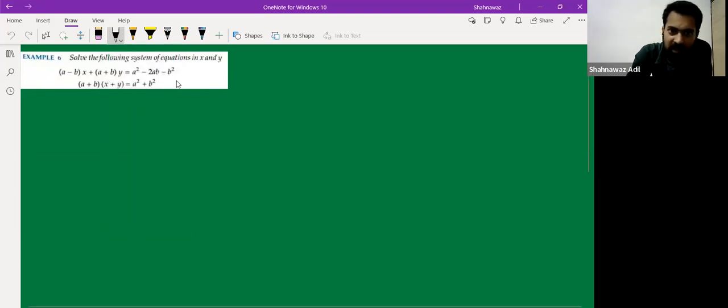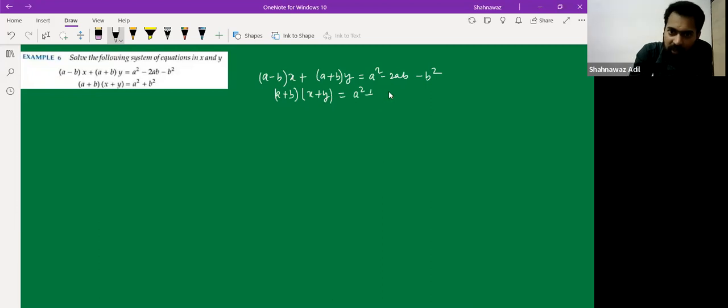So this is the linear equation. What is the linear equation? (a minus b)x plus (a plus b)y is a square minus 2ab minus b square, and you have (a plus b)(x plus y) is a square plus b square. So this we can solve. This will be (a plus b)x plus (a plus b)y.